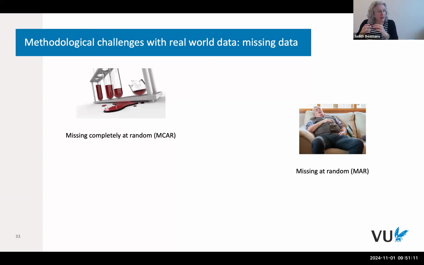So we have missing data, but we can link or associate that with some of the characteristics that we measured. What we see a lot is that older people do not fill out follow-up measurements because they're too tired, or it's too severe for them to do, too hard to complete the questionnaires.